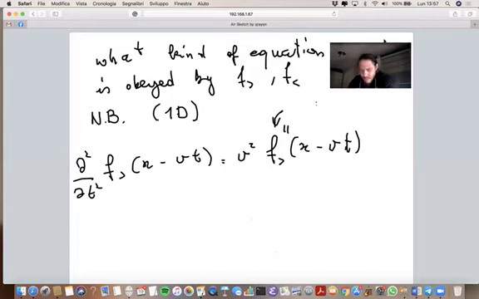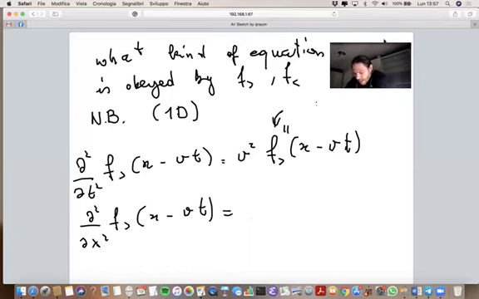Okay. Now let me take the second derivative with respect to x. We differentiated twice with respect to time. Let's now do the exercise of differentiating twice with respect to position. This time, I have to do exactly the same thing. First, I have to differentiate with respect to the argument z, and then differentiate the argument with respect to x.